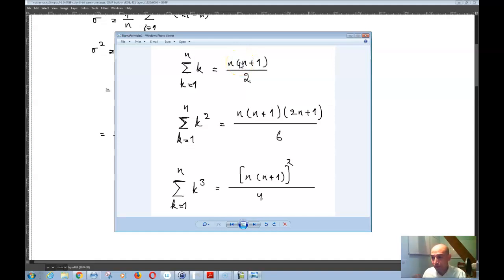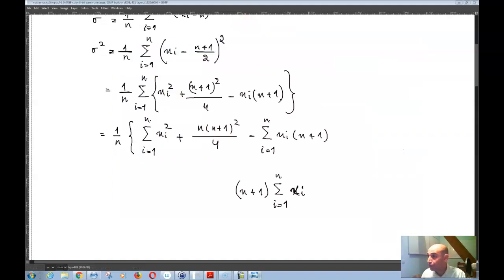So this is the same thing as sigma k as k goes from 1 to n, which is equal to n times n plus 1 divided by 2.